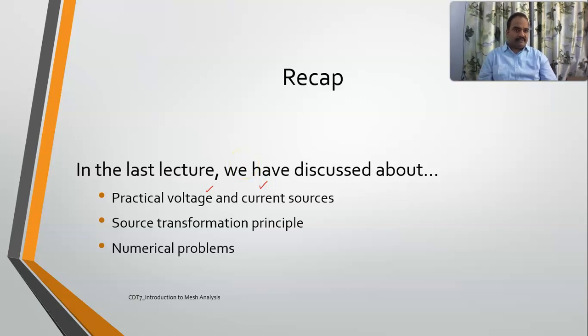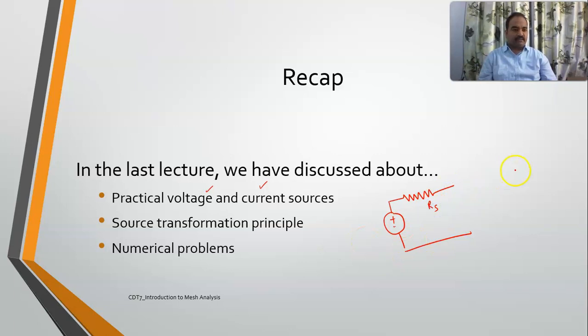Ideally, they won't have any resistance, but when we use them in circuits, we need to represent them with their equivalent circuits. Practically, any voltage source or current source will have some resistance associated with it. A voltage source will have a resistance in series with it.